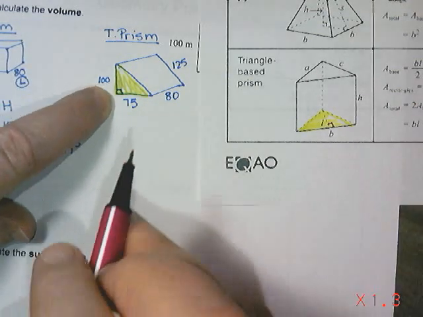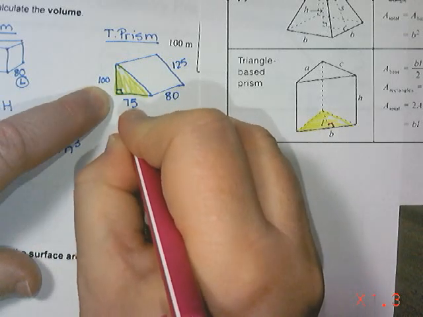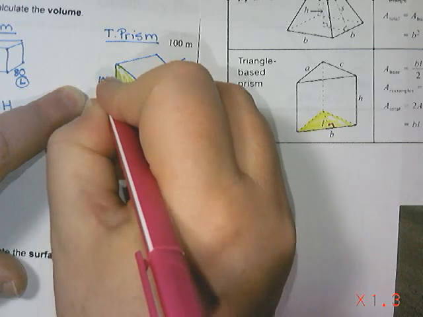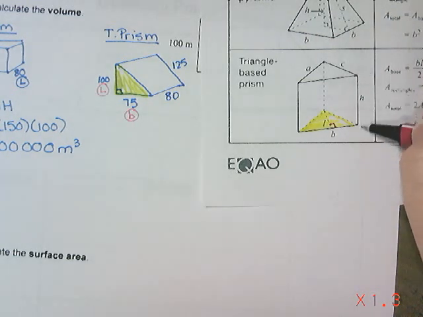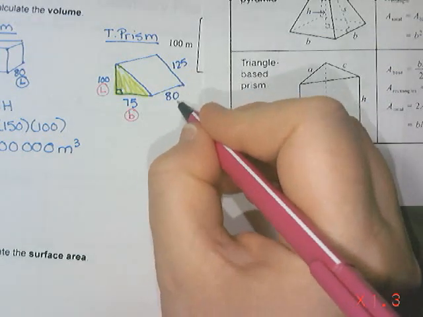So I have 90 degrees here, so that means the 75 is the base, and then the 100 is what they're calling the length. And then the height is kind of the non-triangle part, so that would be this part here.